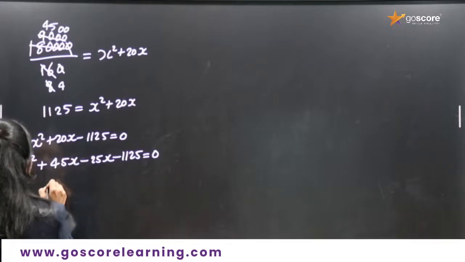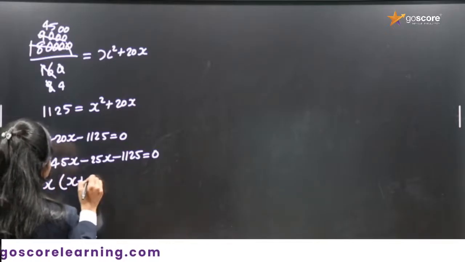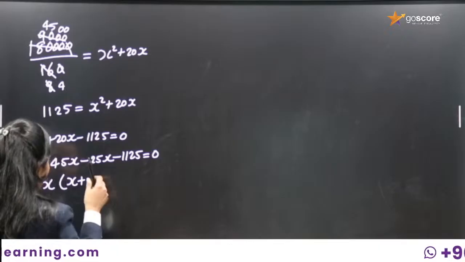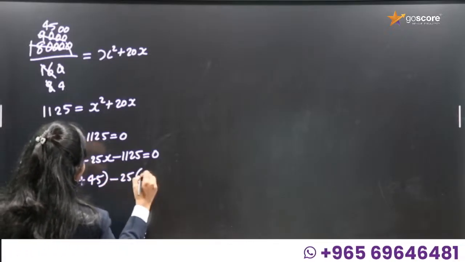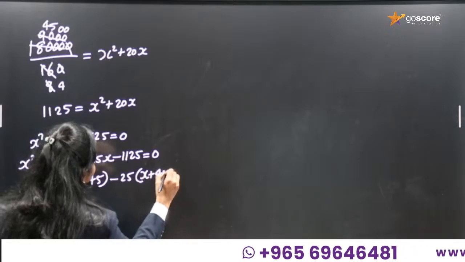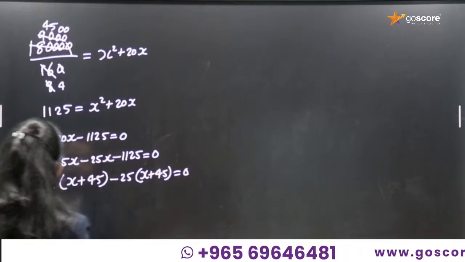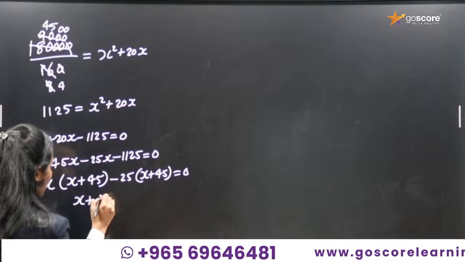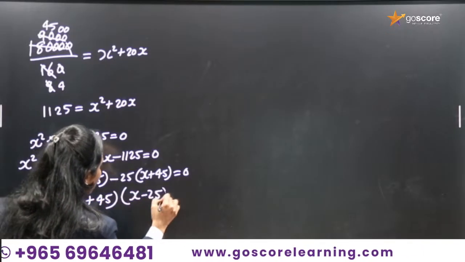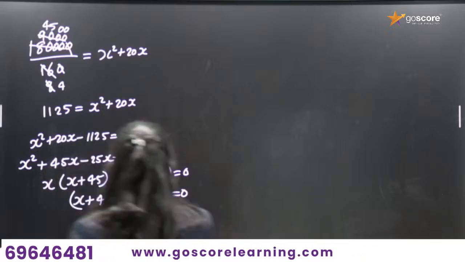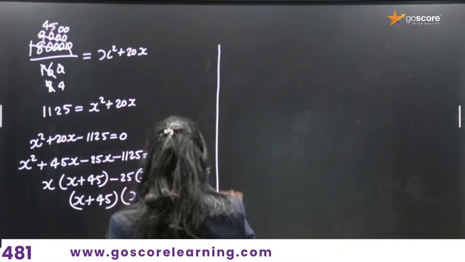Now x into x plus 45 minus 25 into x plus 45 is equal to 0. So x plus 45 into x minus 25 equal to 0. So if a product is 0, each term can be 0.